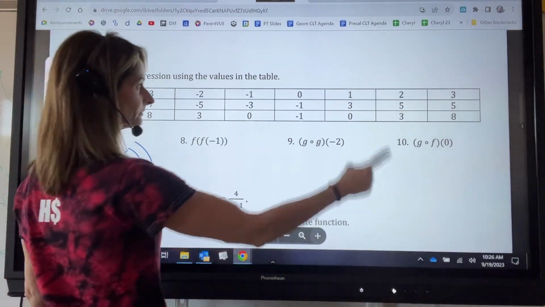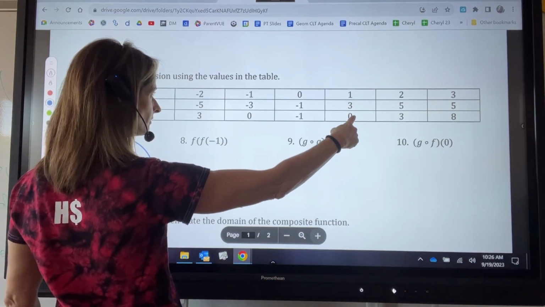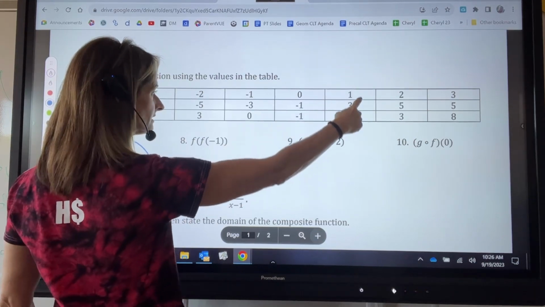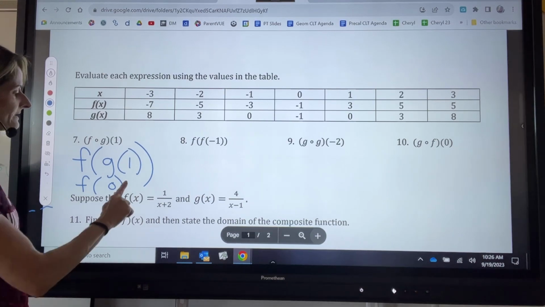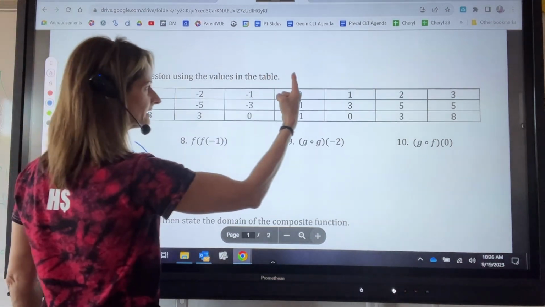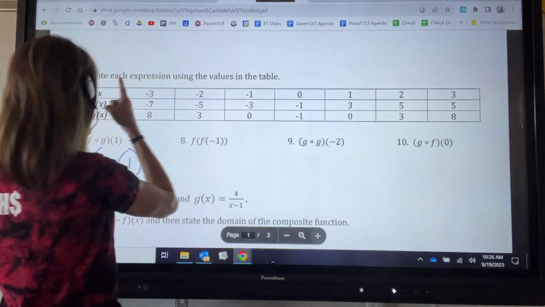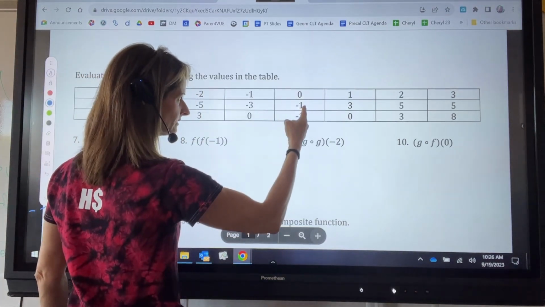Now, what's f of 0? When I plug 0 into f of x, I get -1.